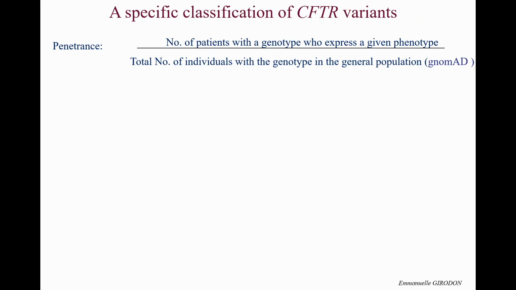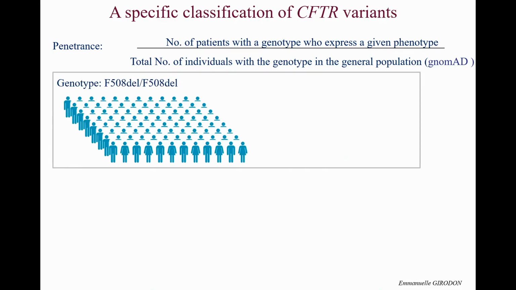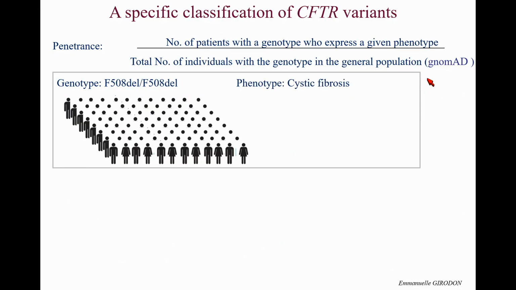And indeed, penetrance is a statistical concept. It allows an additional specific classification for CFTR variants, and it is defined by the number of patients who express a given genotype, so observed phenotypes, observed frequency, relative to the total number of individuals with the genotype in the general population, so expected frequency. And you better understand that when you consider the delta 508 homozygous genotype, which is associated with cystic fibrosis for most of the patients.